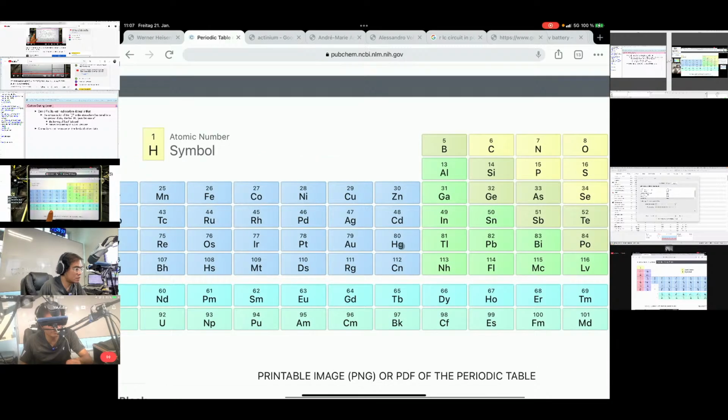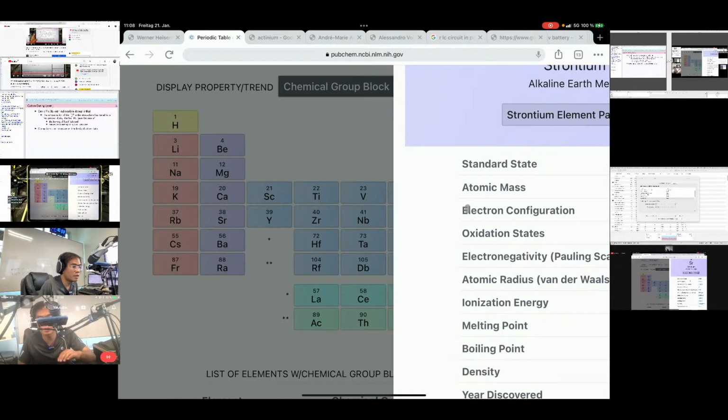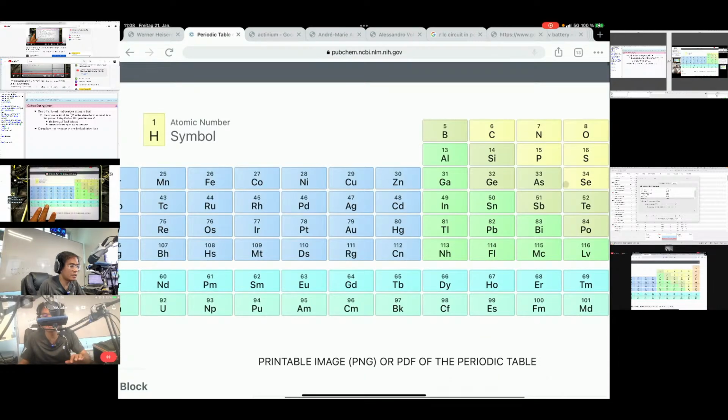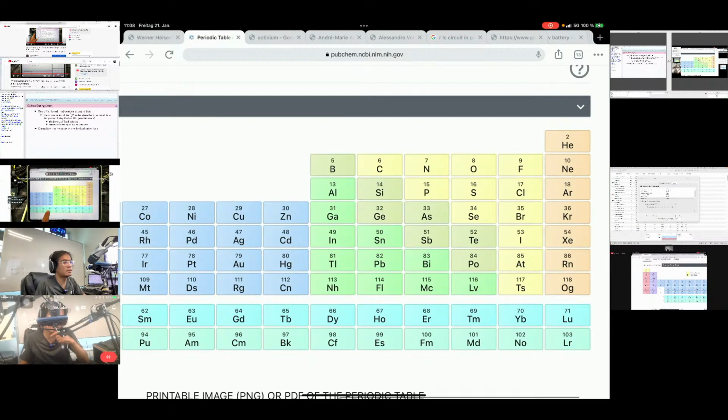Sr is strontium. Okay, strontium. It is Sr and Xe, I think. Yeah, Xe is xenon. This one is an inert gas, right? It's stable already. Okay, Xe is stable, but strontium may not be the case.